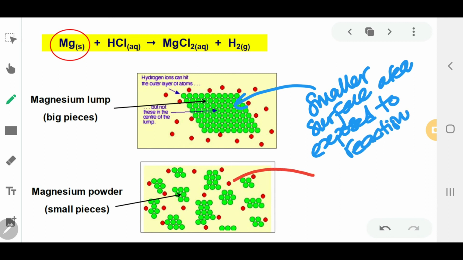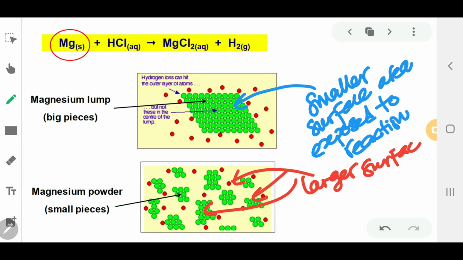And the one in this condition, you have that and you have that one. They have larger surface area exposed to reaction.